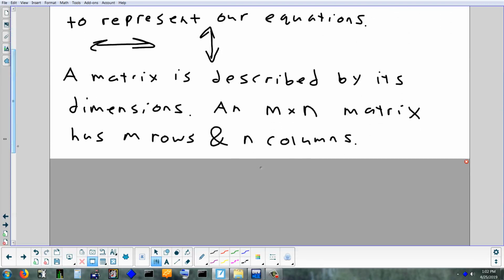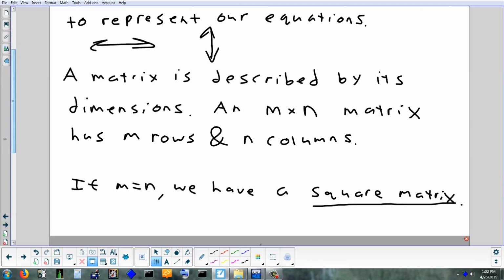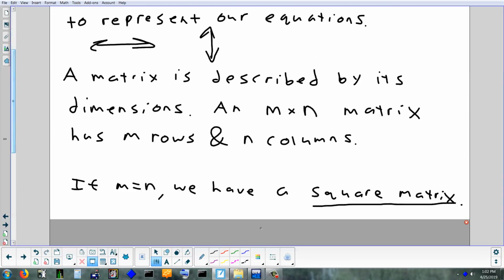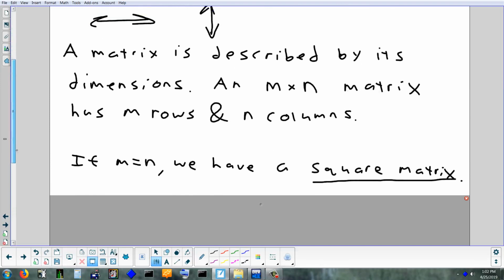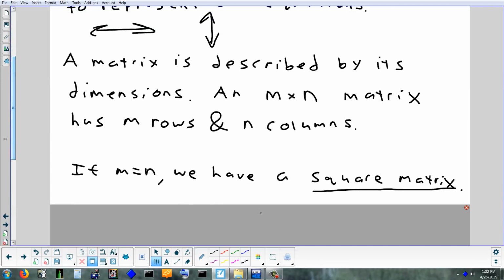Now, if you make a matrix and it has the same number of rows and columns, that's called a square matrix. That would be like 3 rows, 3 columns, 3 by 3. Since we're going to be dealing with a matrix that has rows and columns, those are pretty much two-dimensional.